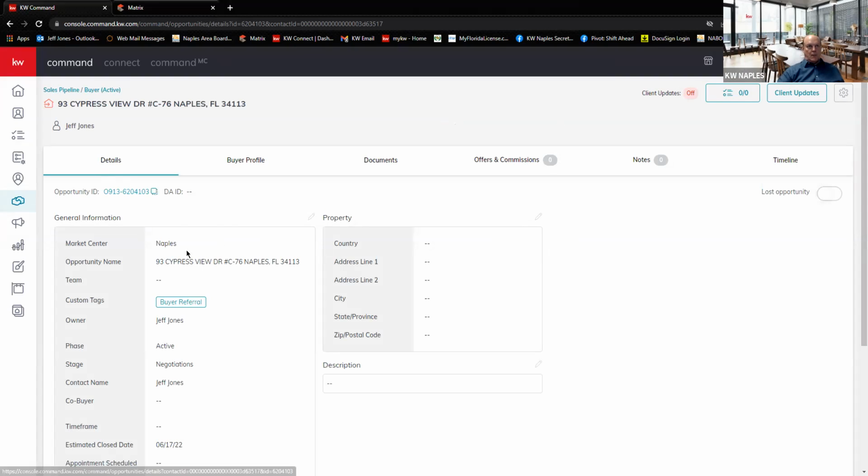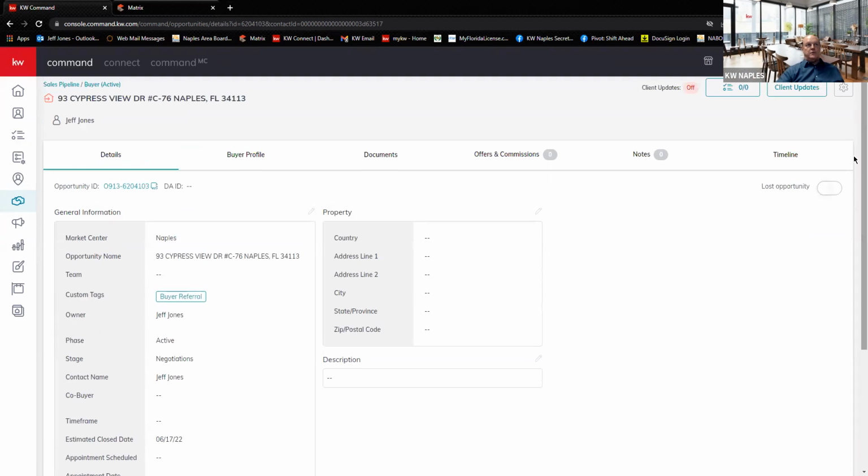All right, so now we're coming up to the details here. And in there, we have some information that we've just put in when we created the opportunity. The opportunity name is now the property name, and I'm the buyer. If you had not yet had a contact name in there for your buyer or buyers, you needed to create the contact name before you start the opportunity.